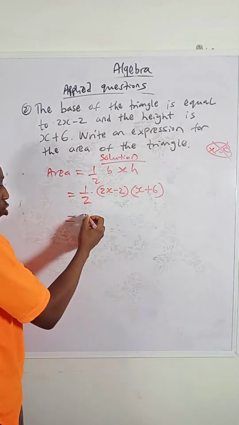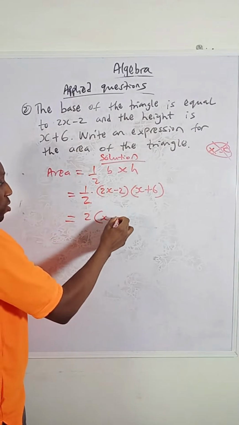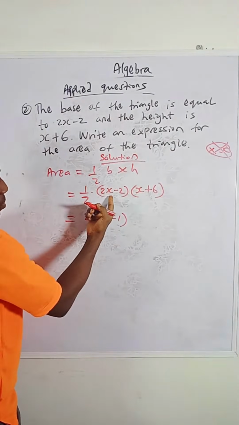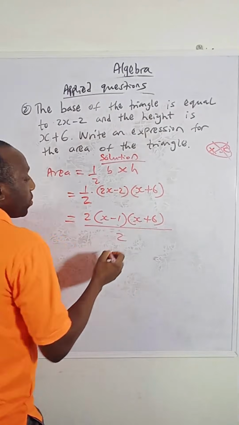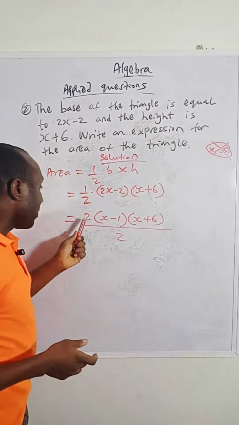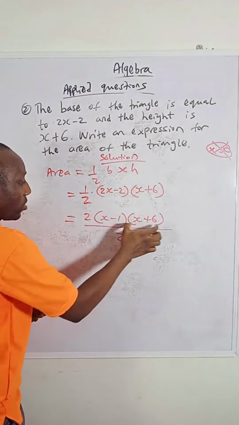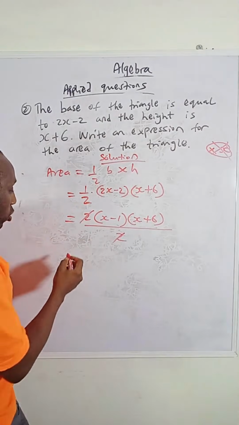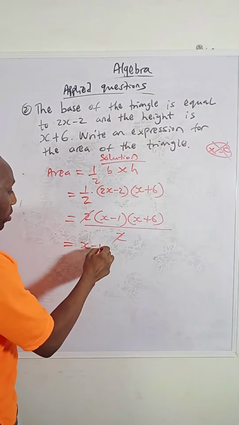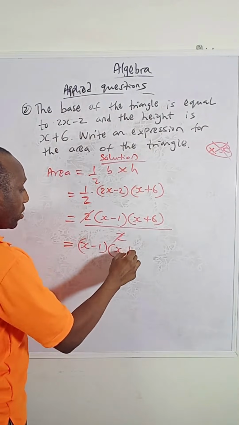So I can write it like this: 2 bracket x minus 1. If you expand this, you get this back, right? So you have x plus 6 all divided by 2. The question is, can I divide this? Yes, you can divide. So 2 divides 2. And then you just have x minus 1 in bracket, and then x plus 6.